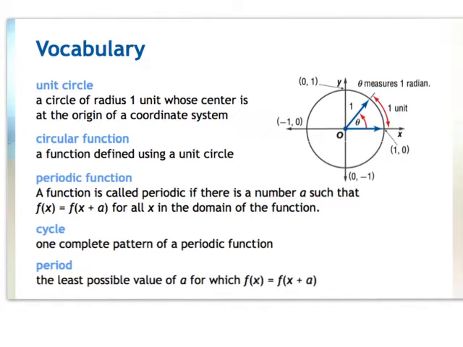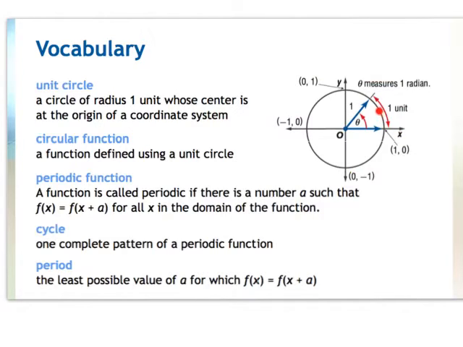It's the vocabulary slide, and it's good to know what the unit circle is, which is this right here, where the unit circle is centered at 0, 0, and at 0 degrees or 360 degrees or 2 pi, it's at 1, 0.